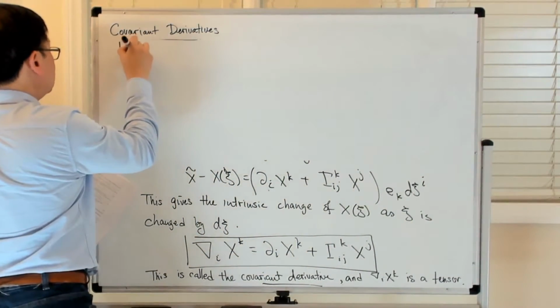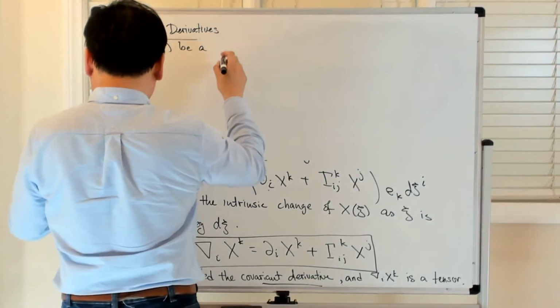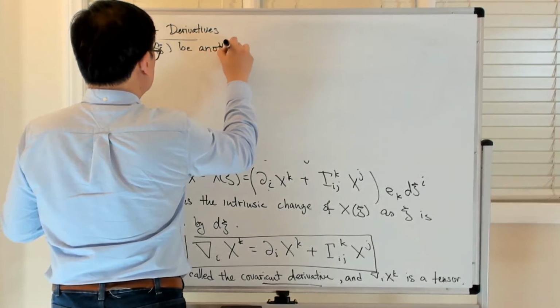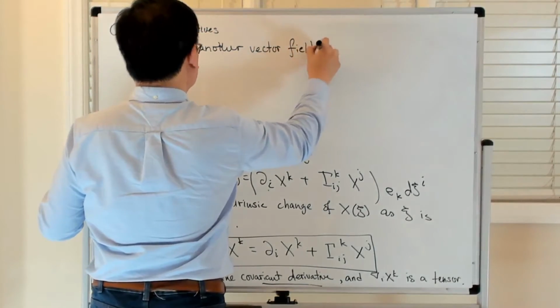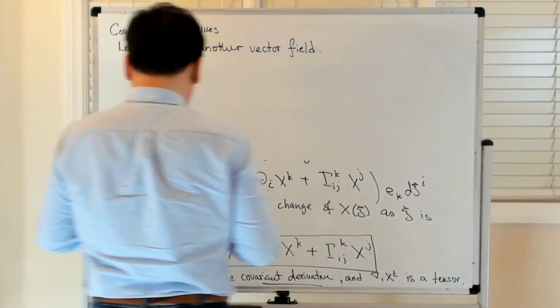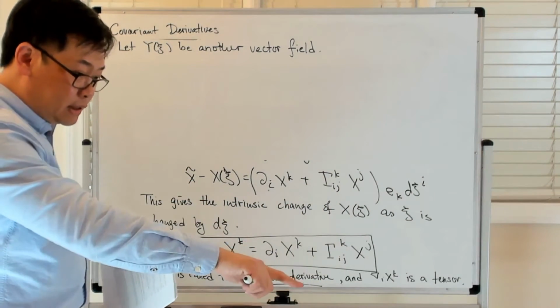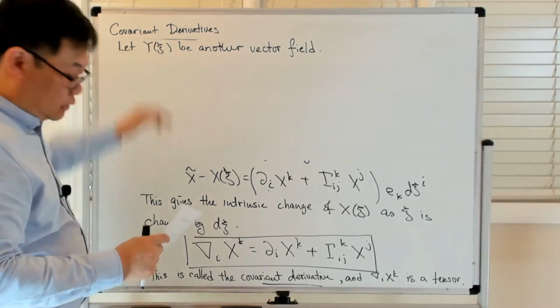So you let Y be another vector field. Then you can talk about not just the directional derivative in a particular direction, but the directional derivative in the direction of this second vector field, right?